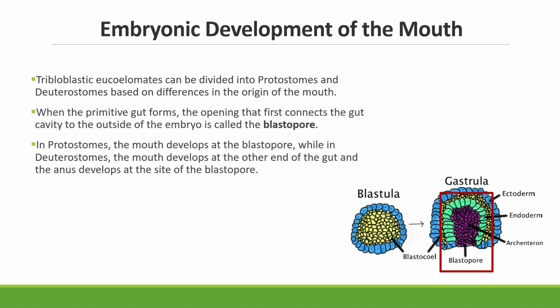In protostomes, the mouth develops directly at the blastopore, while the anus forms later at the opposite end of the gut. In deuterostomes, the mouth develops at the opposite end from the blastopore, and the anus forms at the original blastopore site.